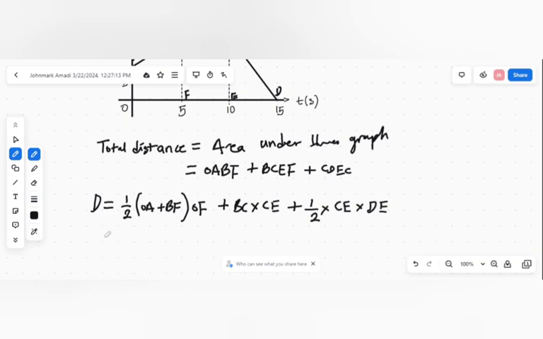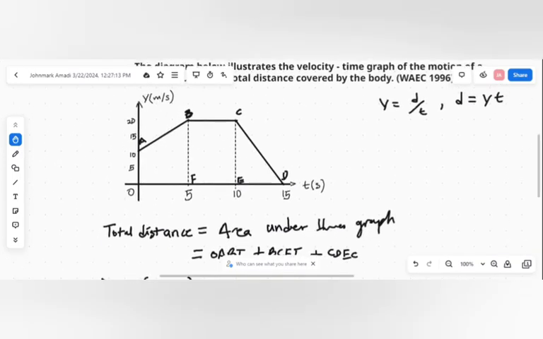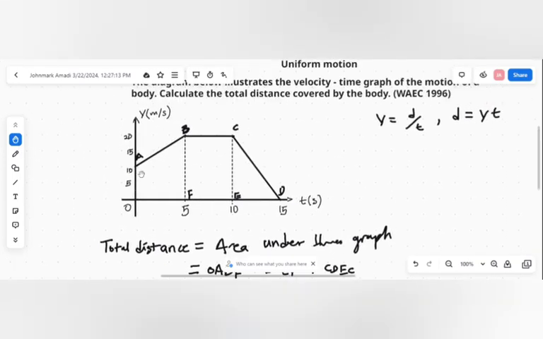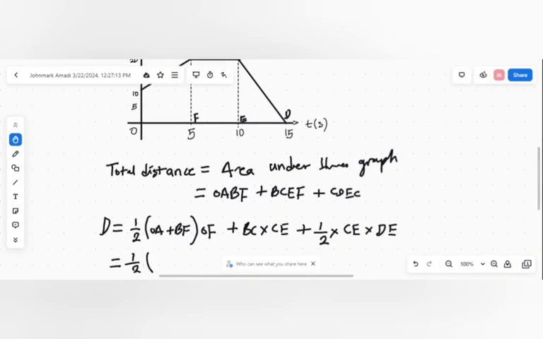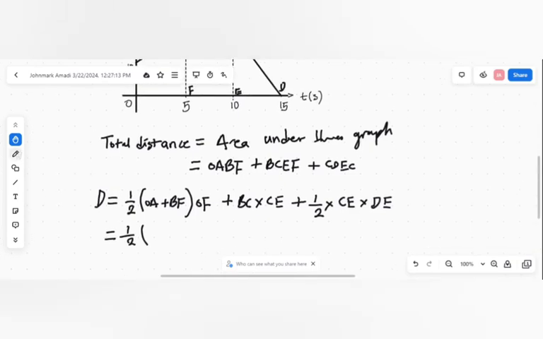So let's plug in our parameters. This is 1/2 times (OA + BF) times OF. What value represents OA? OA, from this 0 point to this point, is 10. So OA is 10, plus BF.